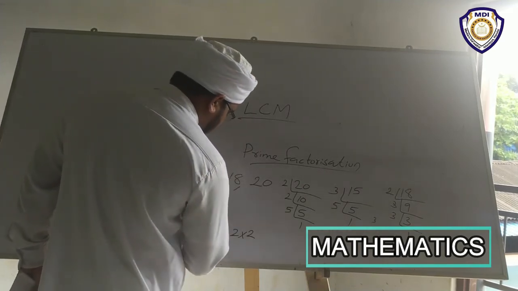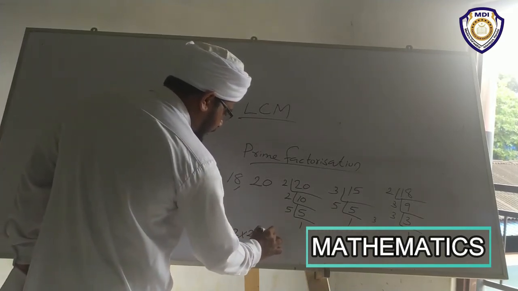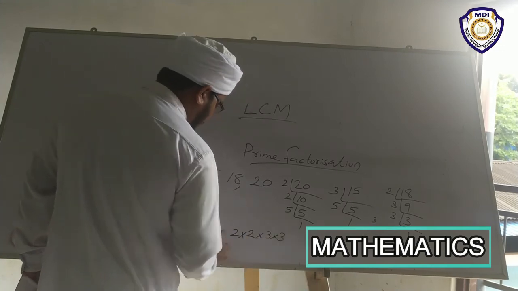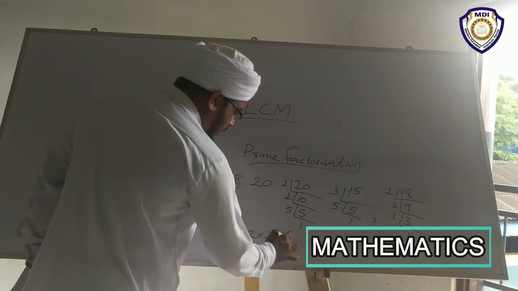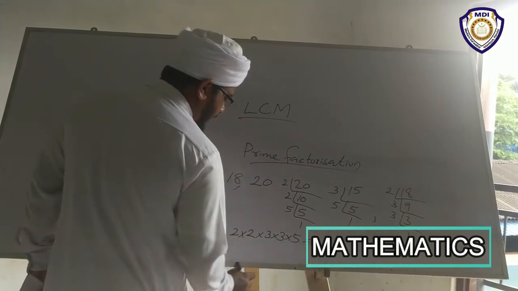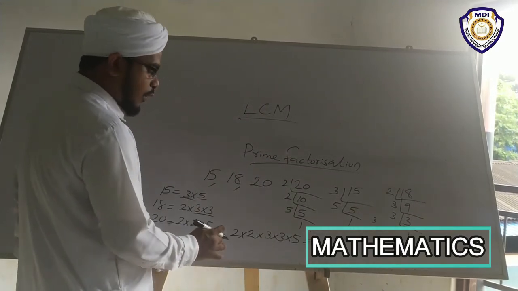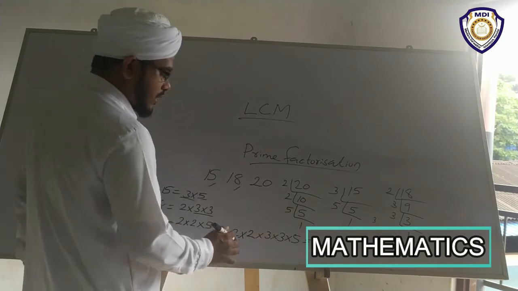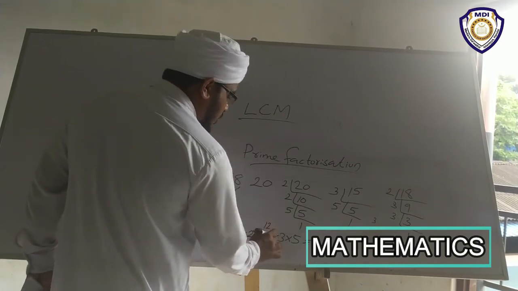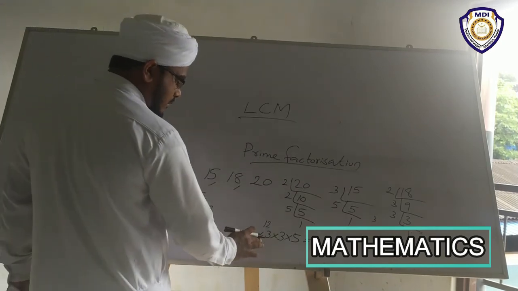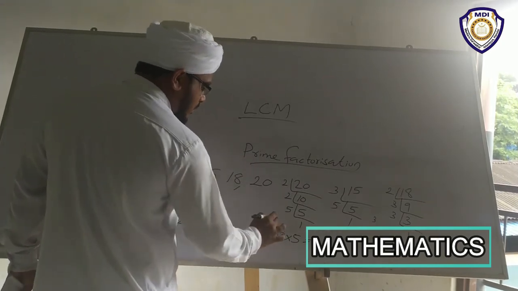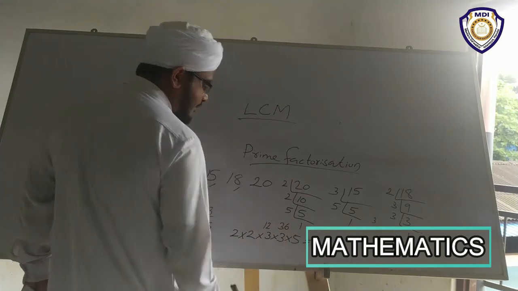Then we will take this double 3, 3 into 3. Next 5: only one time here, only one time there, then we take only 1. Okay, then 2 into 2, 4. 4 into 3, 12. 12 into 3, 36.